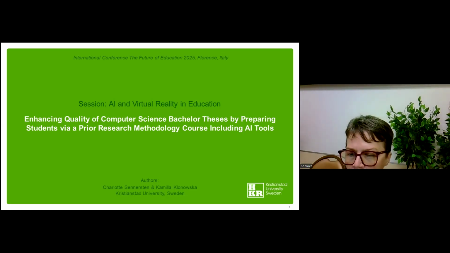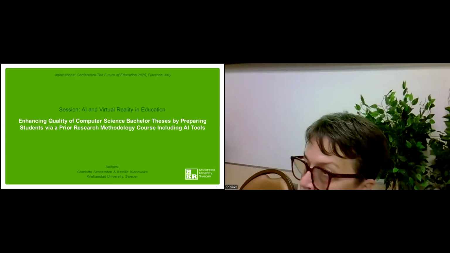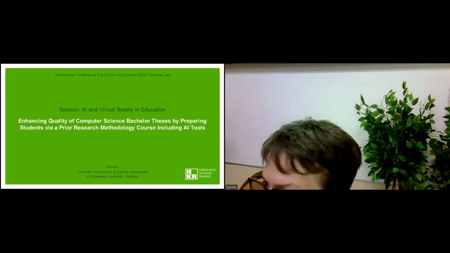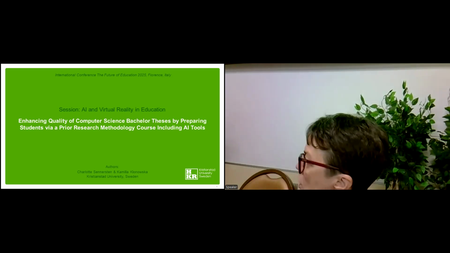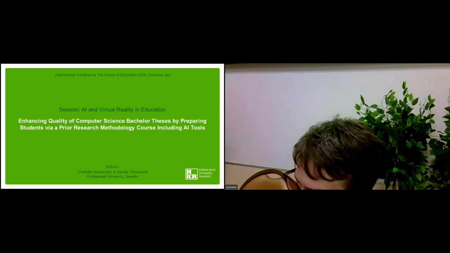The title of this paper is Enhancing Quality of Computer Science Bachelor Theses by Preparing Students via Prior Research Methodology Course, Including AI Tools. This has been very important for us because there are lots of things for us as staff to think of when we are meeting students in their learning journey and helping them produce an outcome as they leave the program.